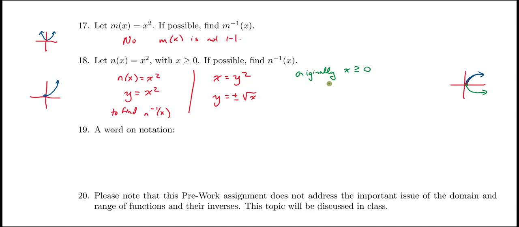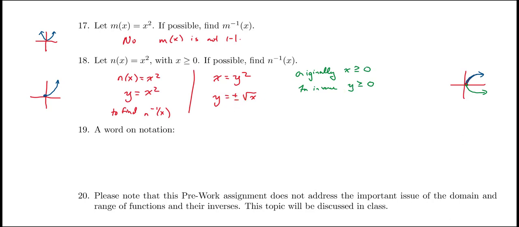When we swap x and y for the inverse, that tells us the y values have to be greater than or equal to 0. And so even though this expression, when we solve it formally, we had if x is equal to y squared, then y is equal to plus or minus the square root of x. Because of this domain range flip-flop that we do with a function and its inverse, then we know that we need to take the positive root here.